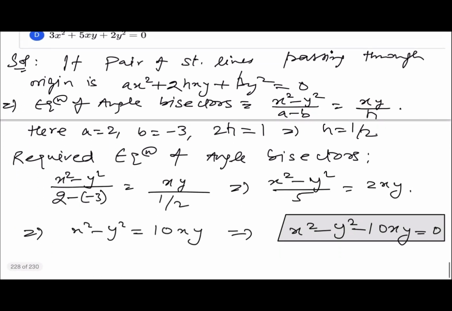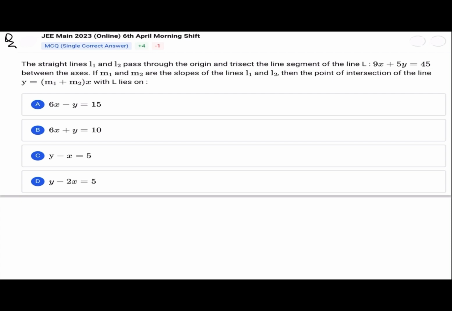Now come to the next question. The straight lines L1 and L2 pass through the origin and trisect the line segment of the line 9x plus 5y is equal to 45 between the axes. For this statement, first of all I am drawing this situation.